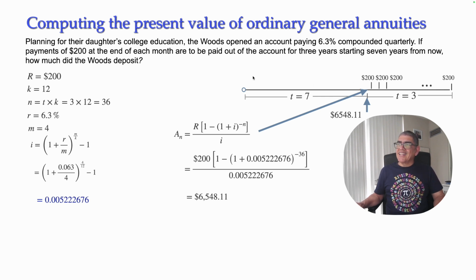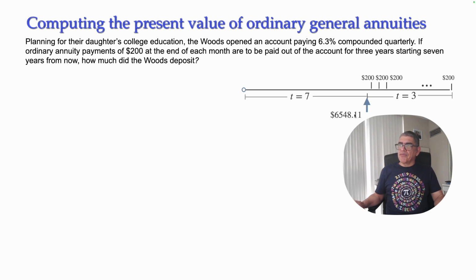Okay, so let's compute the present value of this period now when we know that the future value is this 6,548.11. Okay, let's do that. So we have the future value for this period. So to find the value of this account 7 years before, this will be the future value, 6,548.11.